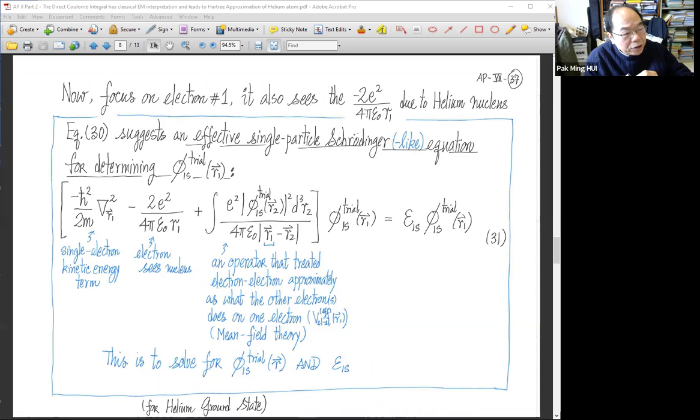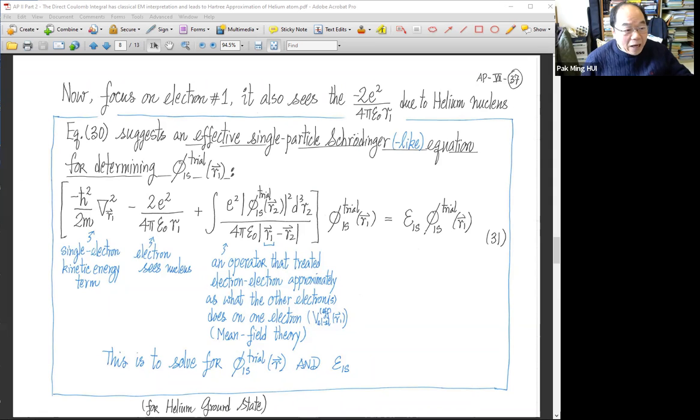So there's a question, let me see. Is the reason why we can only approximate every time due to the fact that we need the first electron to affect the potential for 2, but at the same time, the same thing for the second electron?